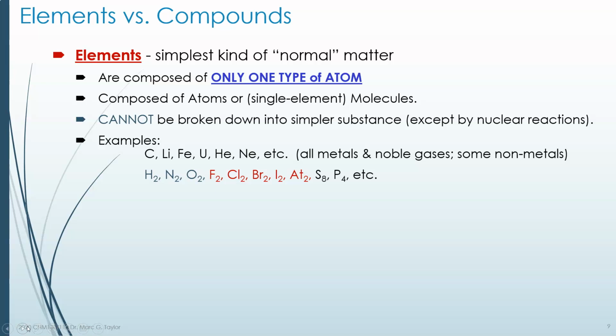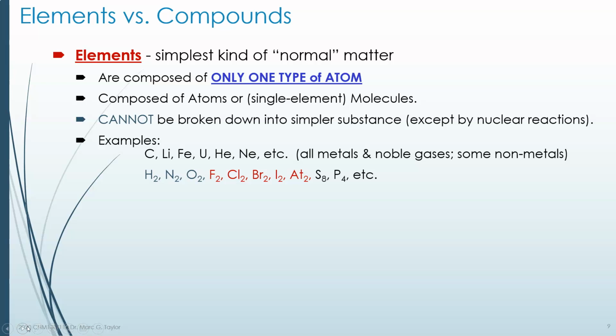So hydrogen, H2, nitrogen, N2, oxygen, O2. These are all gases. Fluorine gas, F2, chlorine gas, Cl2. Bromine, Br2, is actually a liquid. I2, iodine, the natural form of iodine, is actually a solid. It's a dark grayish, purplish crystal.